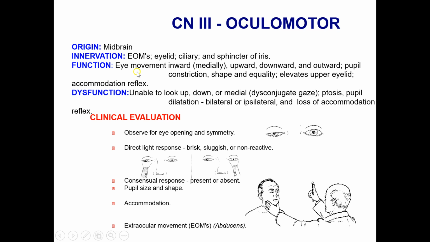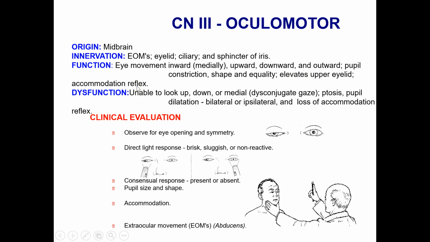What are the functions of the oculomotor nerve? Eye movement in almost all directions except for a few which are by the fourth and sixth nerve. So upward, downward, and inward eye movements are by structures involved with the oculomotor nerve. Pupillary constriction, shape, and equality are also maintained by oculomotor supply. It also elevates the upper eyelid.